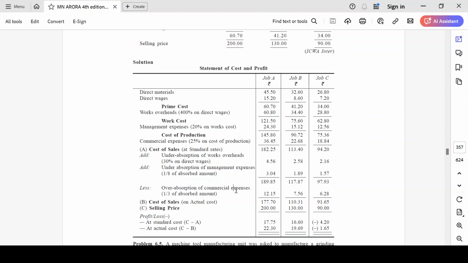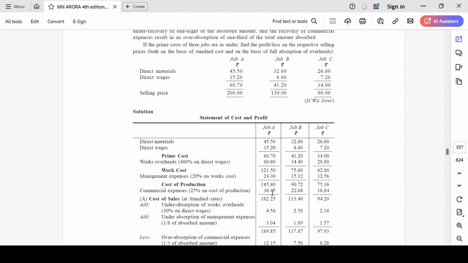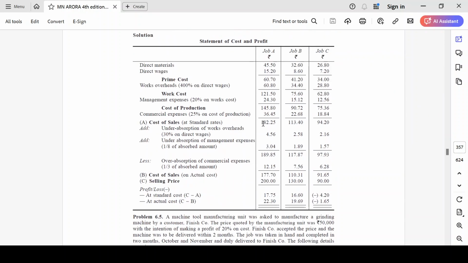Thus, after this under absorption and over absorption, we will come at cost of sales, which is actual cost, and selling price, which is already given, 200, 130, 90. Okay, so of course, selling price is C.